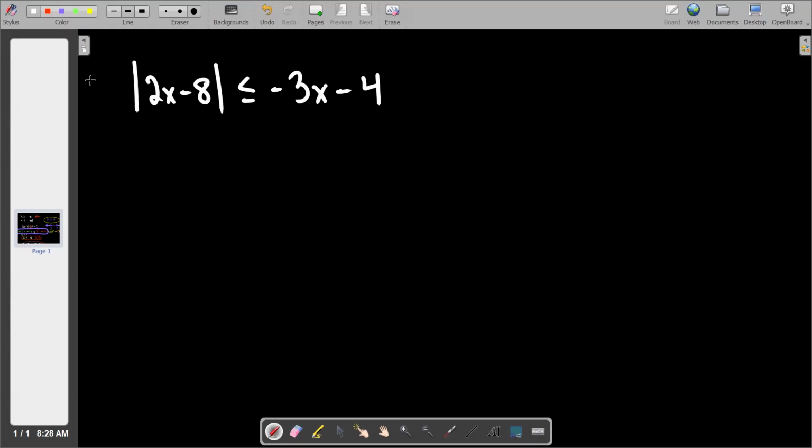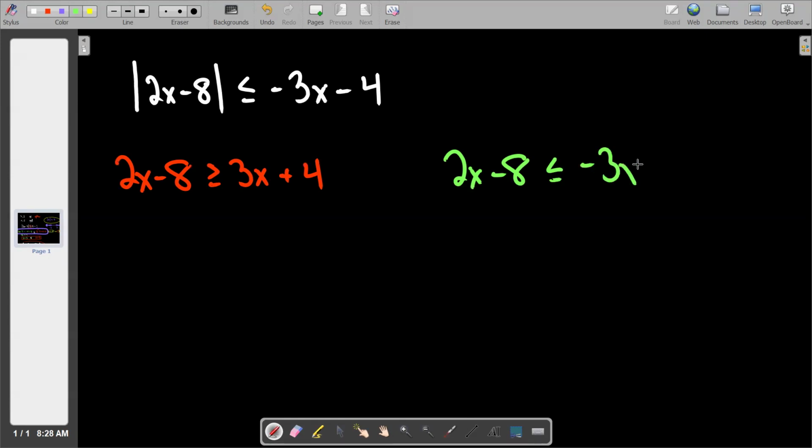So my left side is going to say that 2x minus 8 needs to be greater than or equal to the opposite boundary, which is 3x plus 4. My other side of it is going to say that 2x minus 8 has to be less than or equal to the regular or positive boundary, which is negative 3x minus 4.